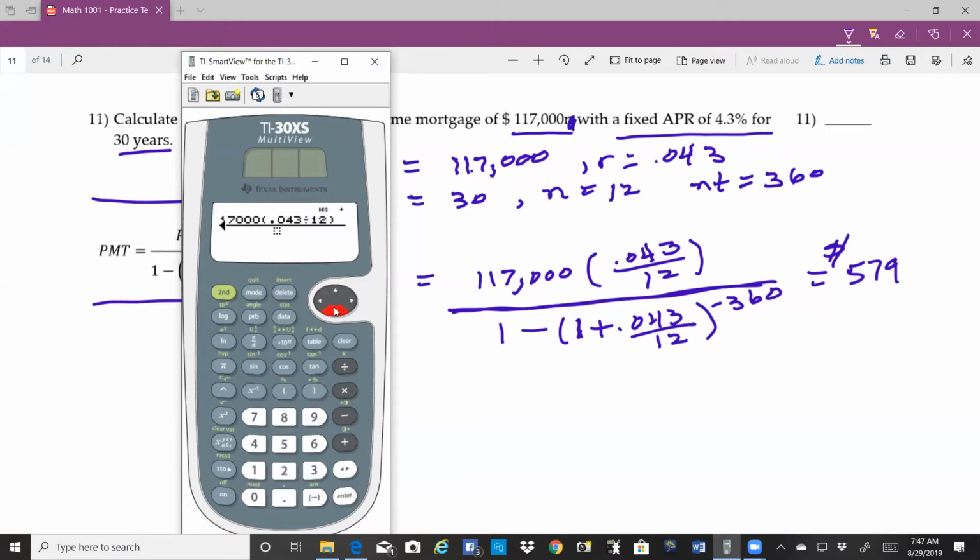And now I'm going to put in the denominator, which is 1 minus 1 plus 0.043 divided by 12, to the minus 360.